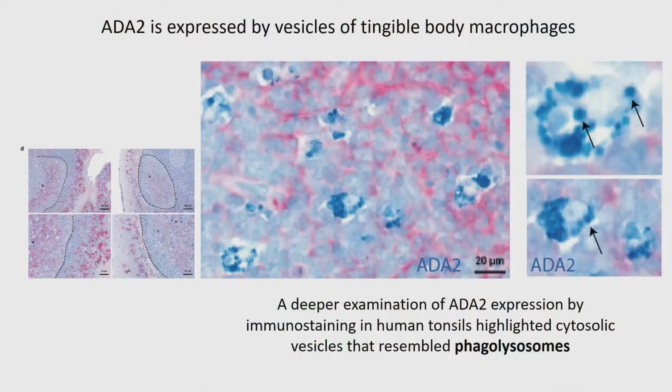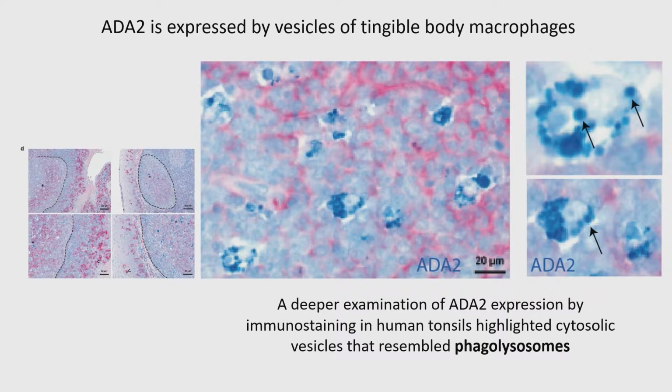Going back to the secondary lymphoid organ, I told you that the protein is expressed in particular in macrophages. These are germinal center macrophages, and these are so-called tingible body macrophages that, as you know, are cells that are actively phagocytosing. As you can see here, the pattern of ADA2 in blue resembles phagolysosomal vesicles.